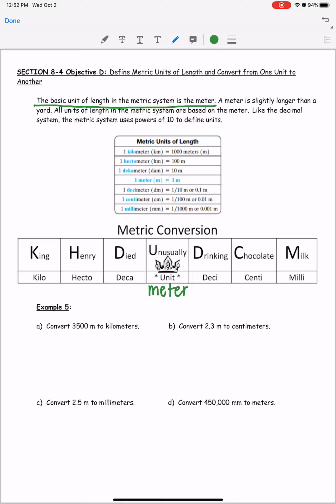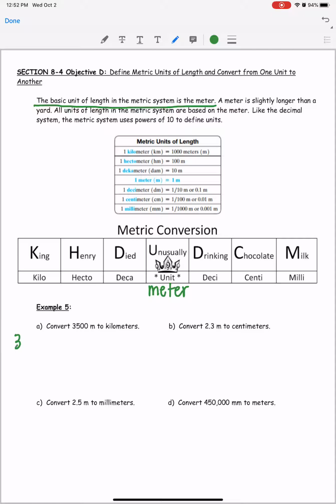You can use this the same way that we did dimensional analysis. So if you like the dimensional analysis way, you can use these conversions here to use that. So for example, on A, if I'm wanting to convert 3,500 meters to kilometers, start with what they give you.